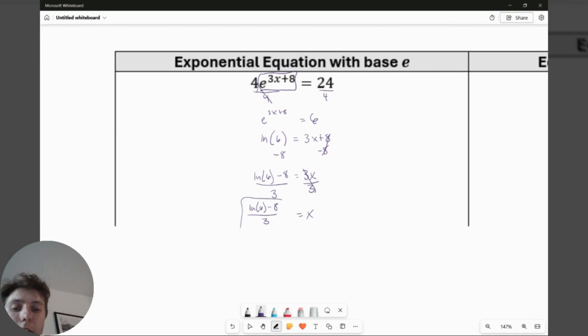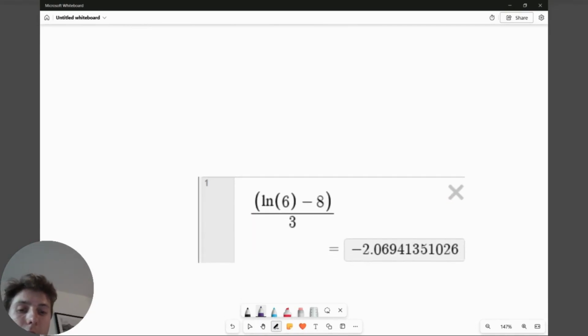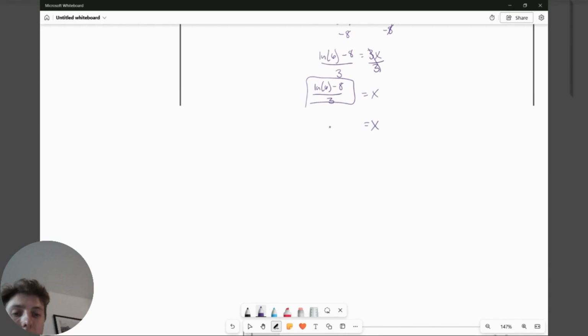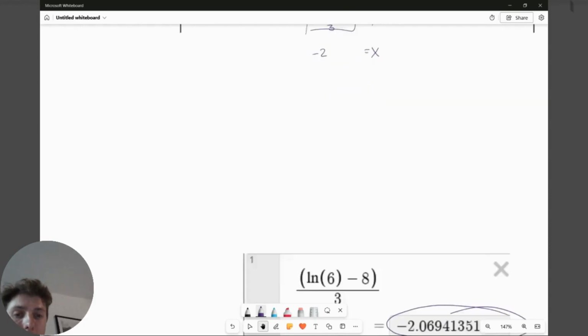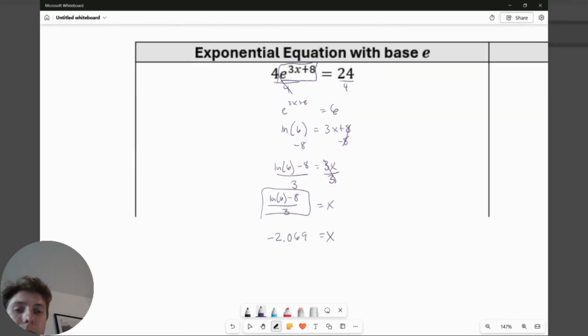At this point, you could just type all of this into your calculator to find your answer. If you do so, you'd get a negative 2.069. Realize it is a never-ending decimal there because of this log. But you can round to a few decimals. 2 or 3 is always a good idea. So negative 2.069 looks like a good answer now.